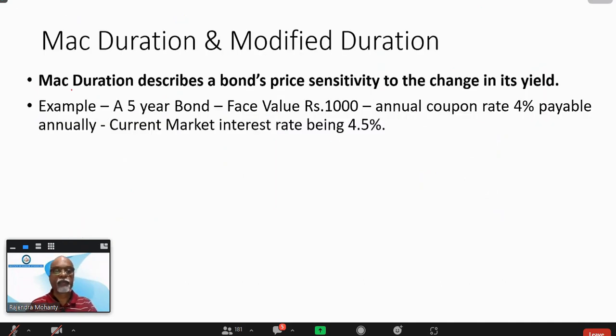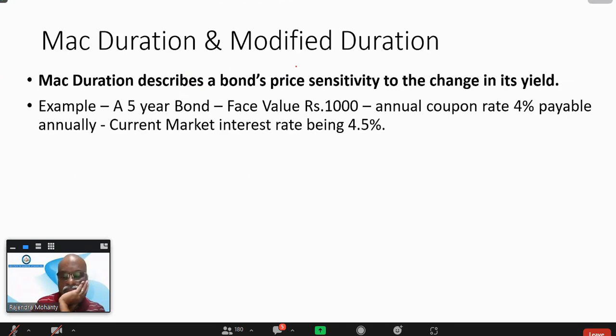Sir, can you explain how it is 2.25? It is modified duration into yield change. What was the question?